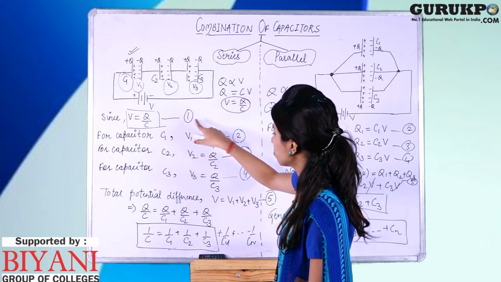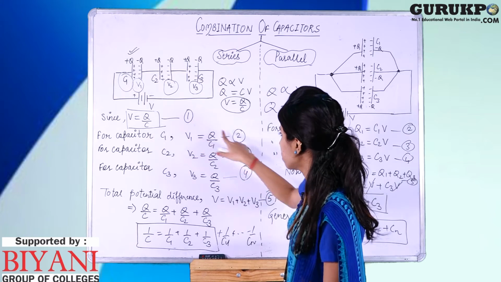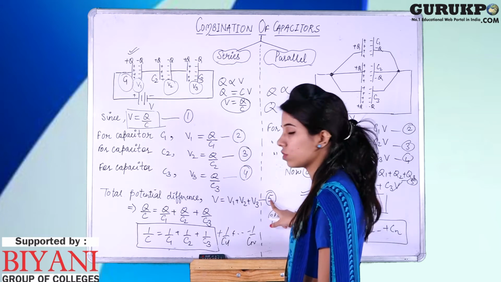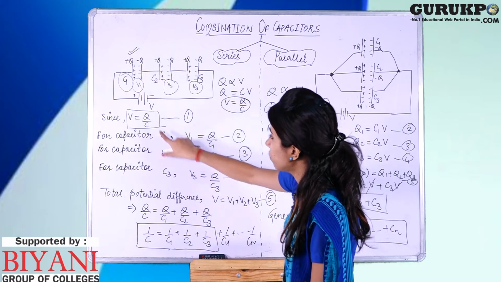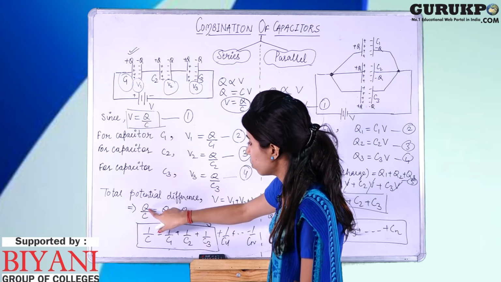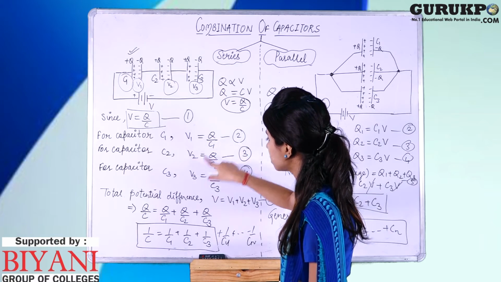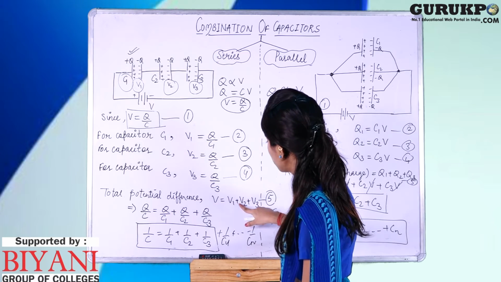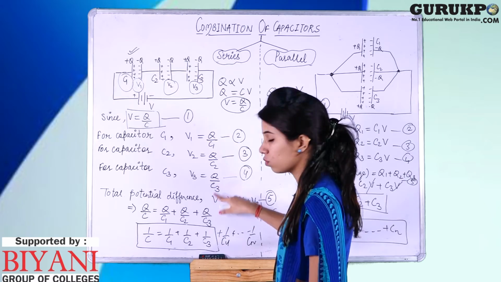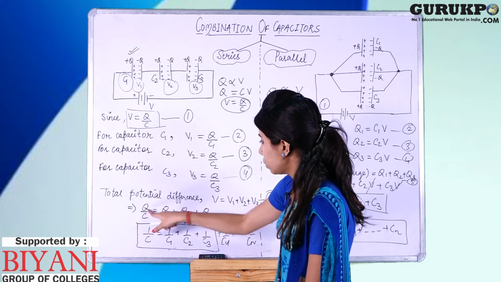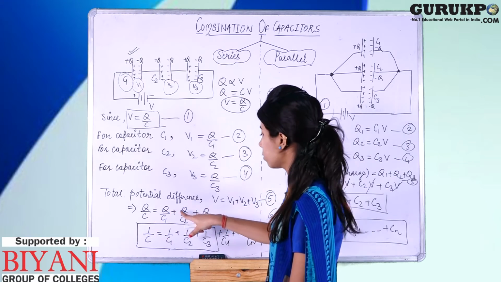Now let us use equations 1, 2, 3 and 4 in equation number 5. The first term is V, and V is equal to Q by C. Second term V1 is equal to Q by C1, plus V2 means Q by C2, plus V3 means Q by C3. Now Q is there in all the terms, on the LHS and on the RHS.